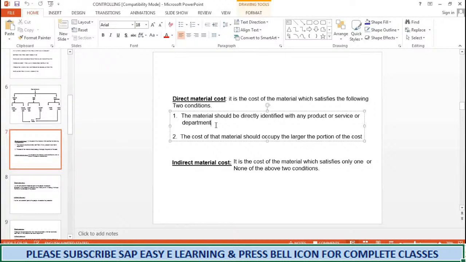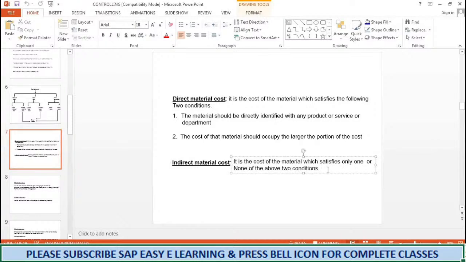Two, the cost of that material should occupy the larger portion of the total cost of the product. Please remember, the material has to satisfy both the conditions. Then indirect material cost is the cost of the material which satisfies only one or none of the above two conditions.